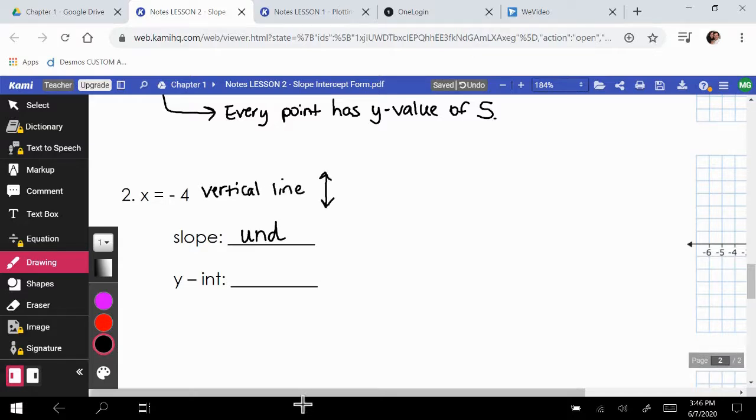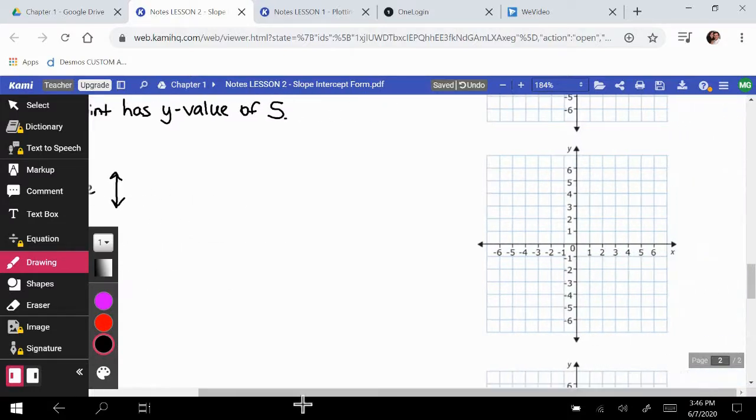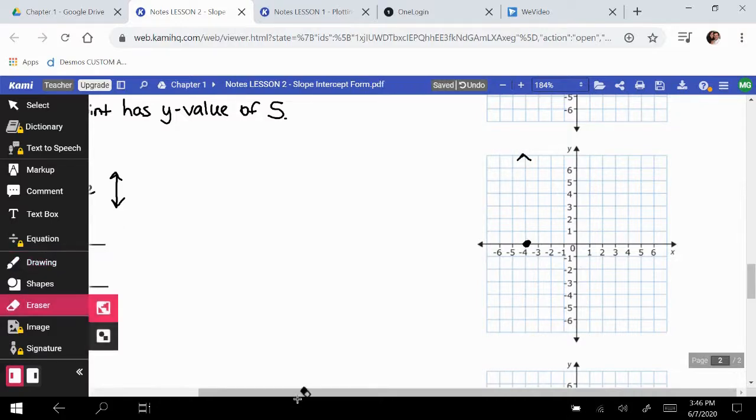And the y-intercept here, well, let's graph it first. X equals -4. It's a vertical line through the x value, -4.